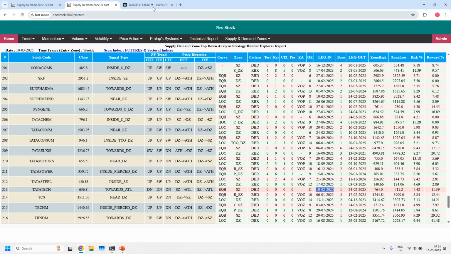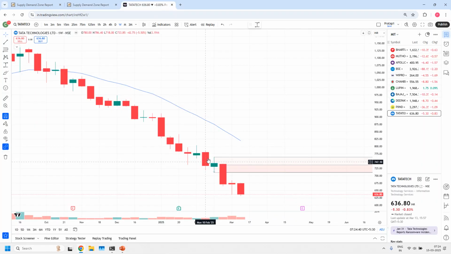After that, 24 February 2025. So it is perfectly identified. But is it having EMA confluence, weekly EMA? No. That means this stock won't be filtered when we look for weekly EMA confluence, because all are overlapped with weekly zones.